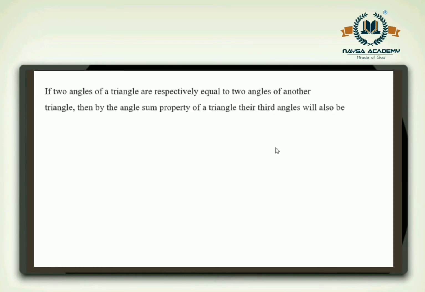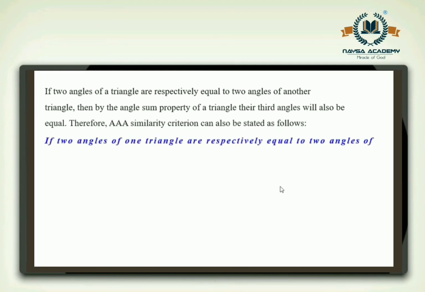Now, if two angles of a triangle are respectively equal to two angles of another triangle, then by the angle sum property of a triangle, their third angle will also be equal. Therefore, this AAA similarity criteria can also be stated as follows. If two angles of one triangle are respectively equal to two angles of another triangle, then the two triangles are similar.